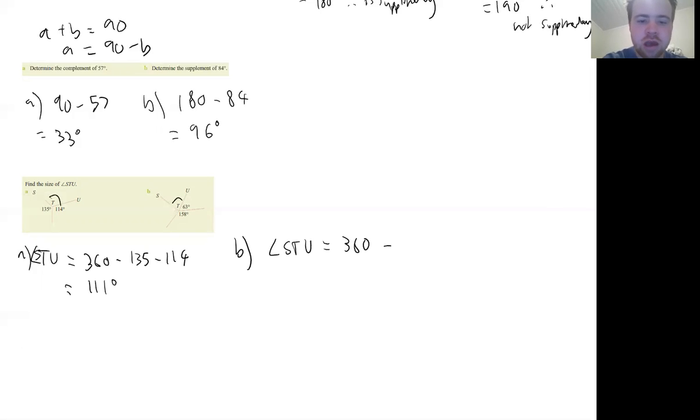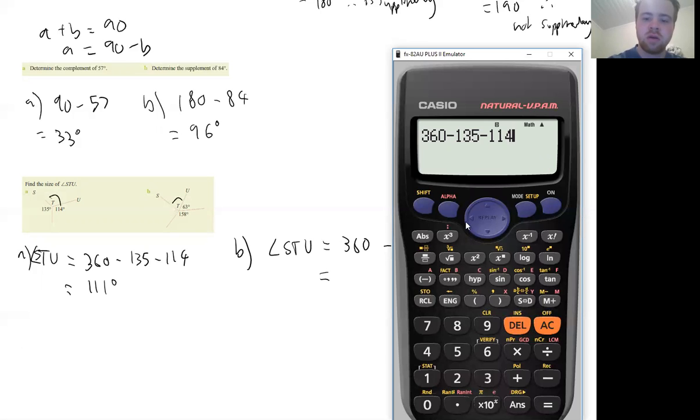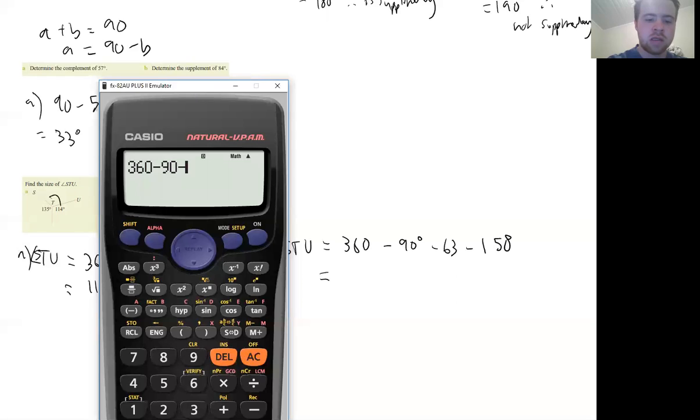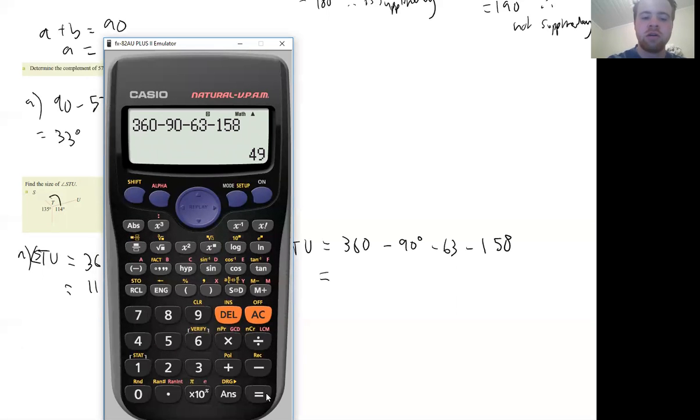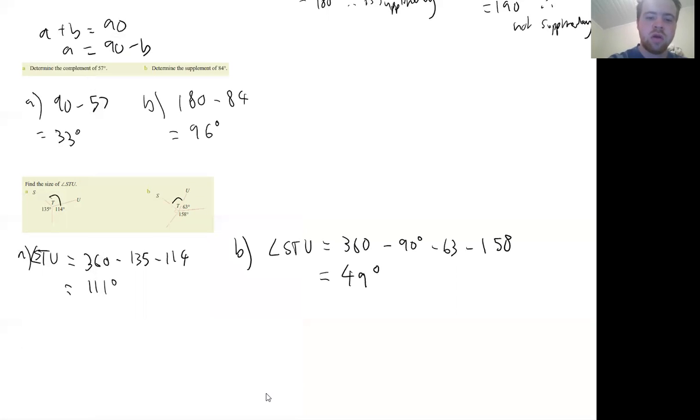Now we've got a right angle there, which is 90 degrees, minus 63 minus 158 is going to give us our answer. 360 minus 90 minus 63 minus 158 equals 49 degrees. All right, so that is how we can find missing angles using that information.